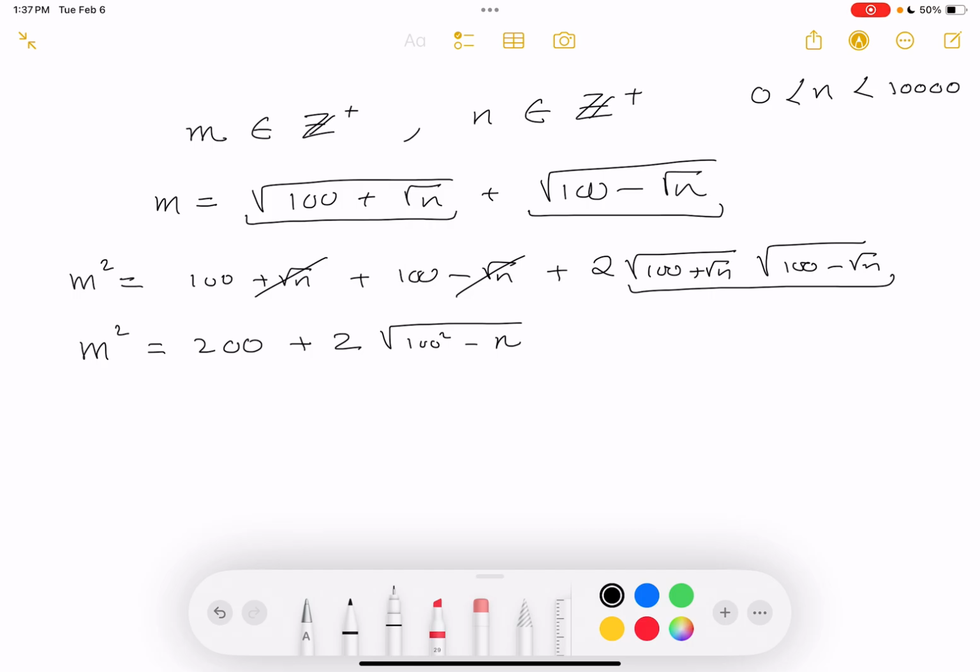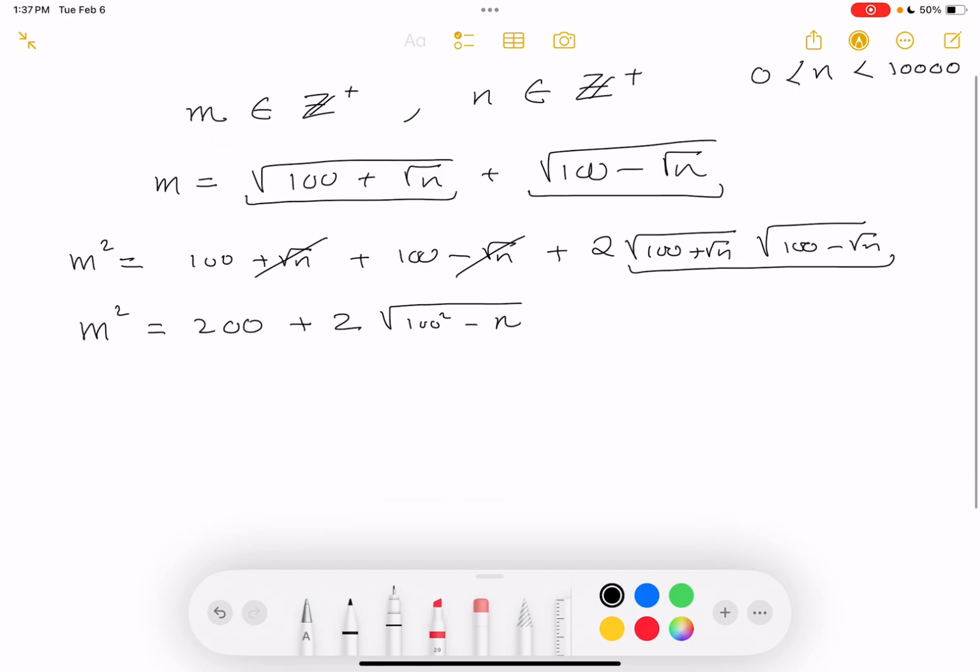And someone says, what are your troubles about this? I'm still looking at this thing and saying, what do I know about it? I'm looking at the size that m could be, and I want to put this over here, that m squared. I'm wondering what the smallest it could be.